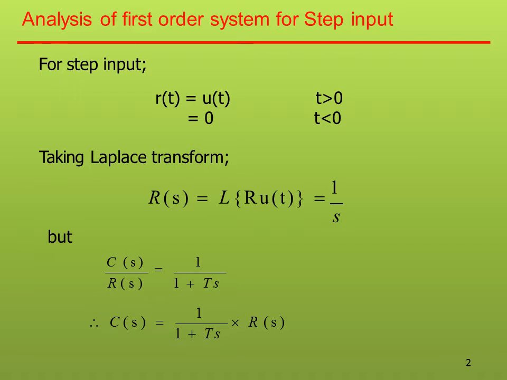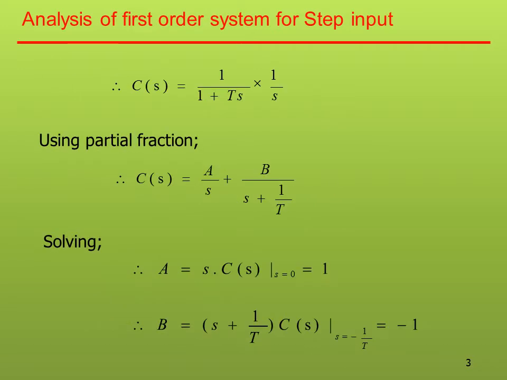So r(t) is equal to u(t). Taking the Laplace transform of r(t) equal to u(t), you will get R(s) equal to 1 upon s. So C(s) upon R(s) becomes 1 divided by 1 plus Ts. Transferring R(s) to the right side, we will get 1 upon 1 plus Ts into 1 upon s.